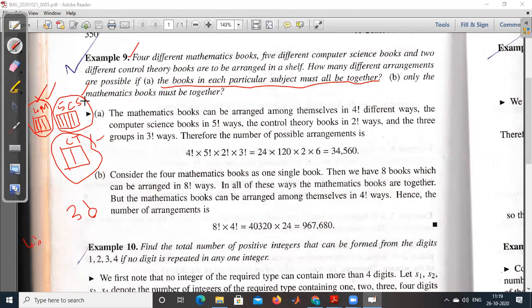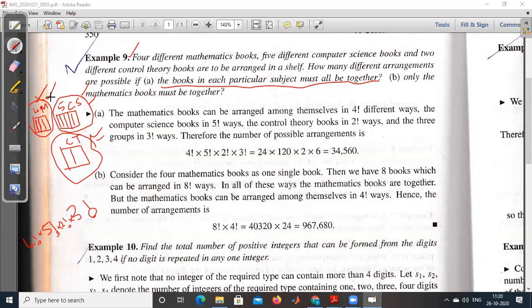Next, 5 computer science books can be arranged internally in 5 factorial ways. Next, 2 control theory books in 2 factorial ways, into 3 factorial.